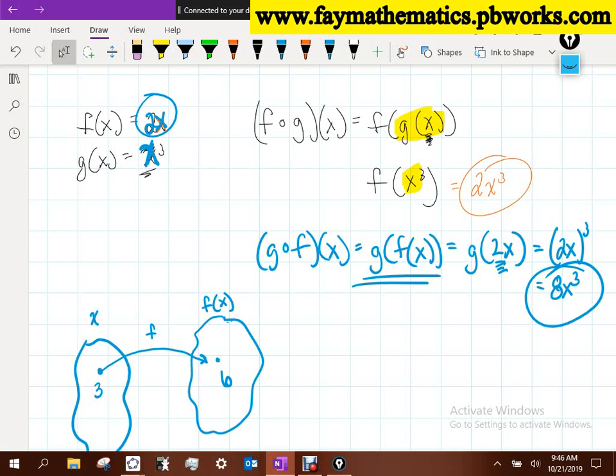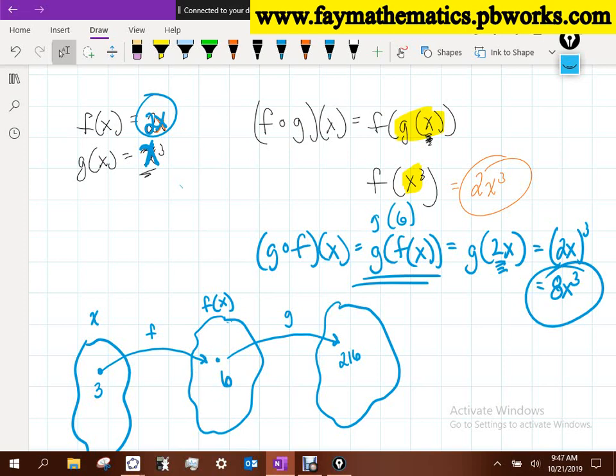Now you're going to take that 6. So that becomes G of 6 now. Does that make sense? So I'm taking this output, run it through another function G, and now what does 6 times 6 times 6 look like? Should be 216, I think. 6 cubed, is that right? 216? 36 times 6?